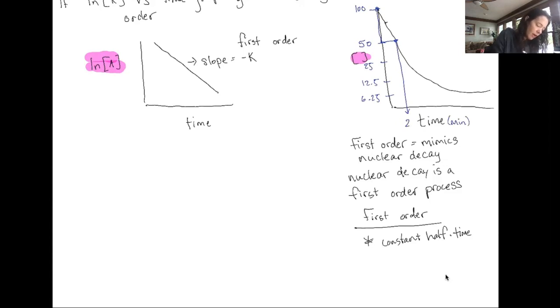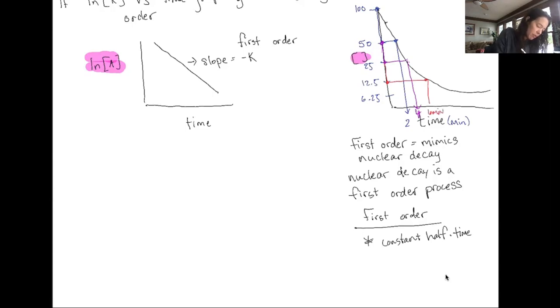And then if I was to go to my 50 and cut it in half, that would lead me to 25, read over, and this would have to be about 4 minutes, right? Then if I cut my 25 in half, I would be left with 12.5, and that should read at 6 minutes.